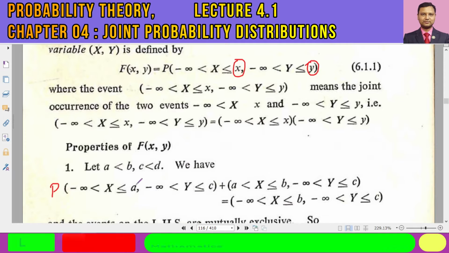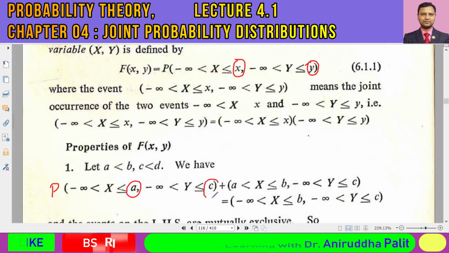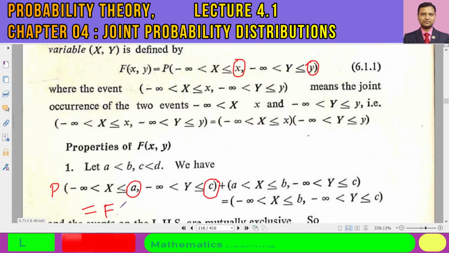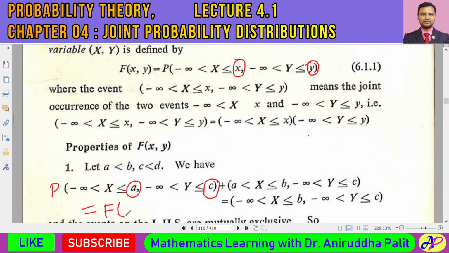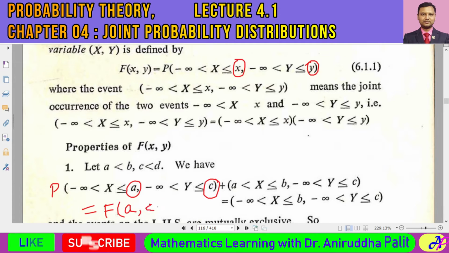So in place of small x and small y, we have small a and small c. Therefore, this probability must be equal to the value of the probability distribution function at the point A, comma C. Got it?